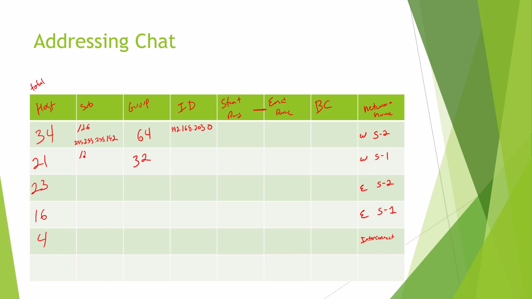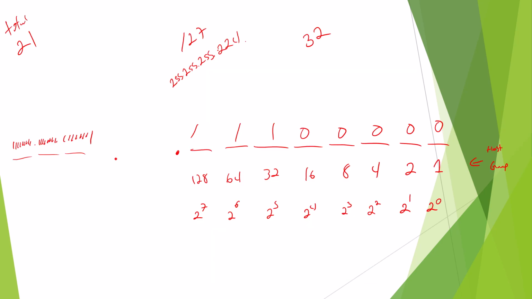We could do the exact same thing for 23, but the math is already here. Again, 23 is greater than 16, 23 is less than 32, so it's the same thing.